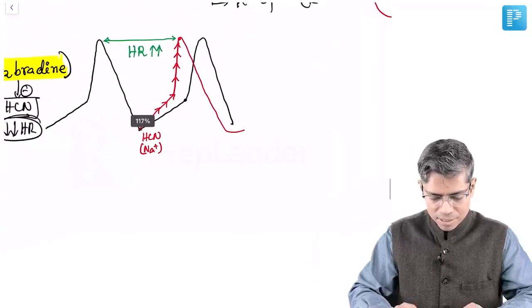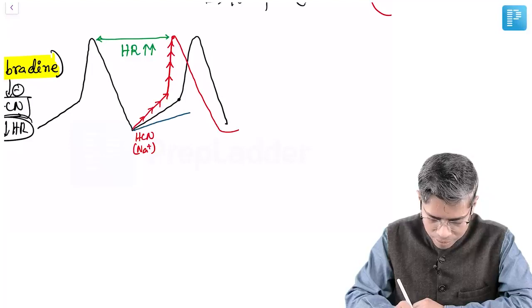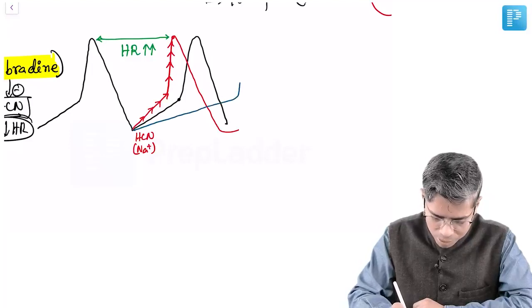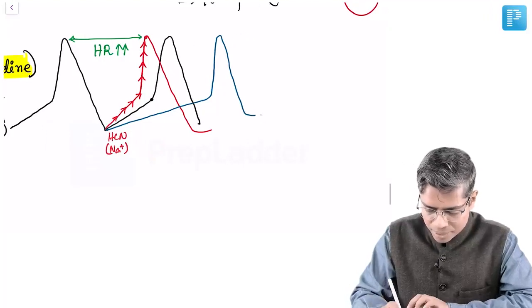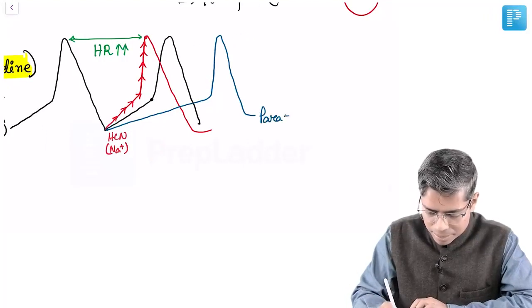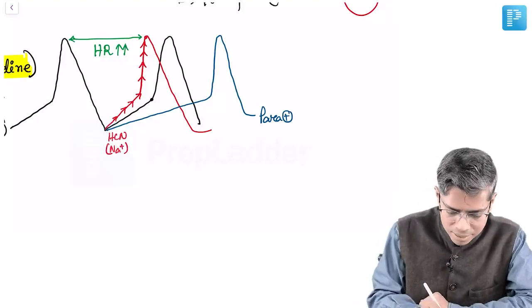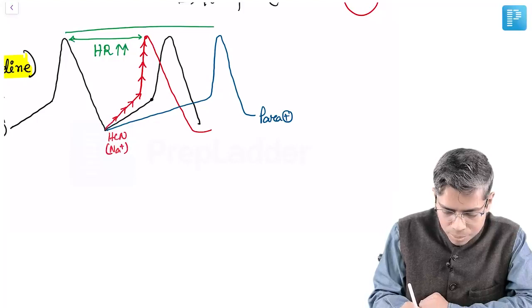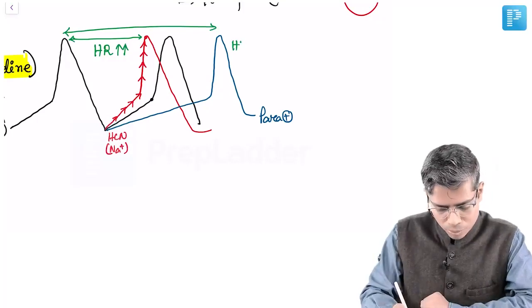I can easily understand: if I draw here, the prepotential slope will be slower, more slower. So the second action potential will reach here. This is the effect of parasympathetic stimulation. The distance between two beats is more, so heart rate will be slower.